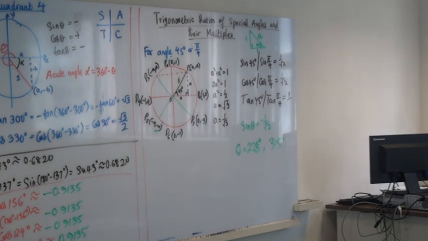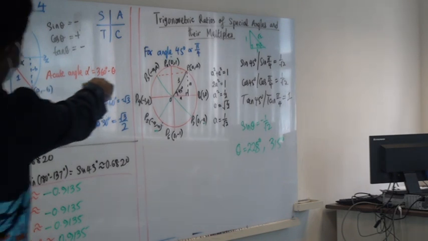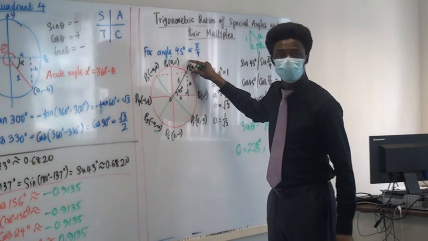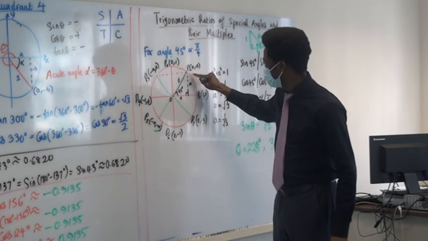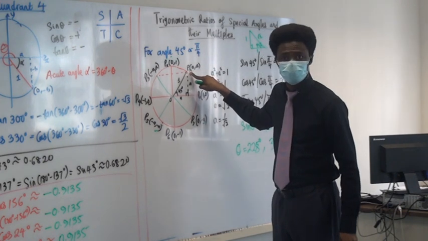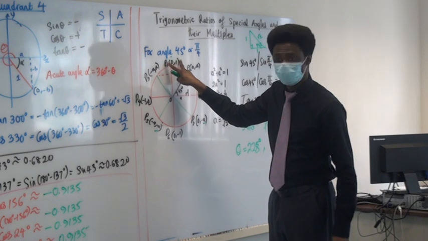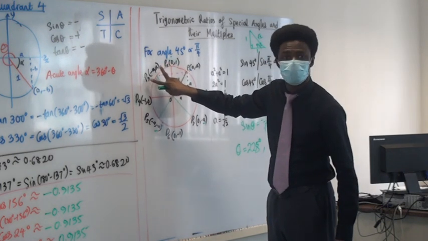Let's try to do that. Pi over 4 is the first one. 3 pi over 4 means 3 multiples, so you are counting 3 spaces from here. This is 1 pi over 4, this is 2 pi over 4, this is 3 pi over 4.